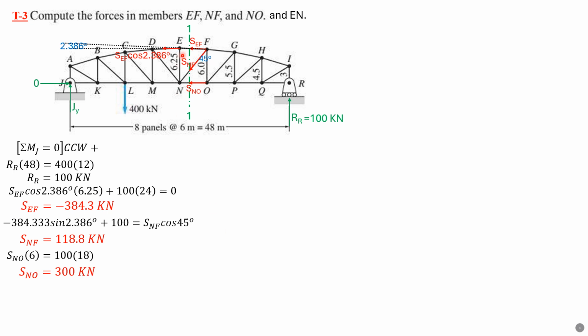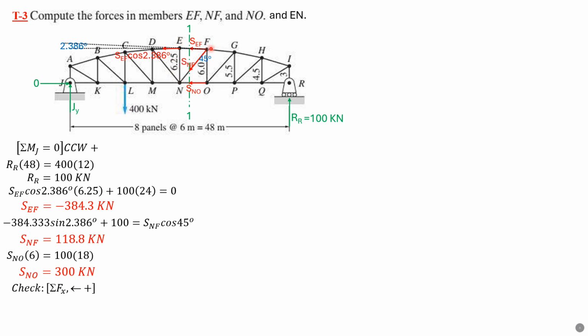To check and validate these answers, we sum up forces along X, and it should be 0. We haven't yet used that equation of statics, so let's use it for checking. Summation forces X should be 0, and let's consider leftward positive.